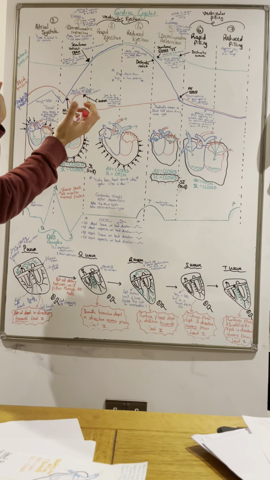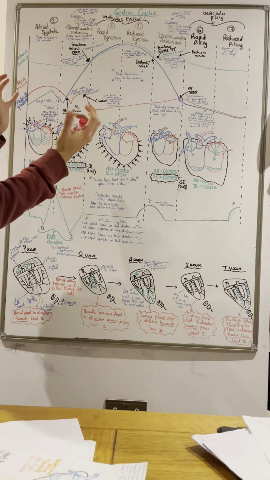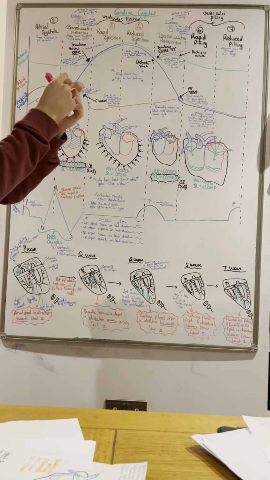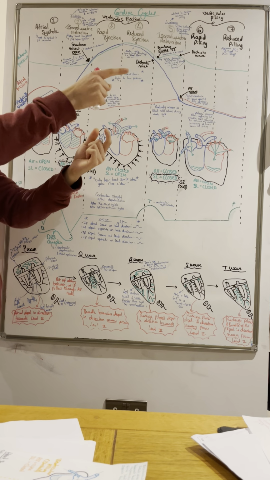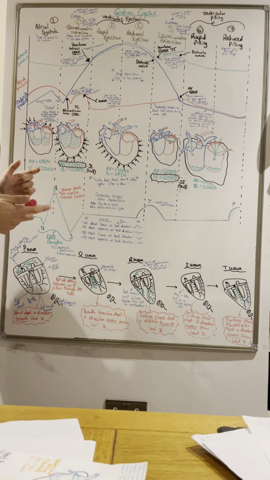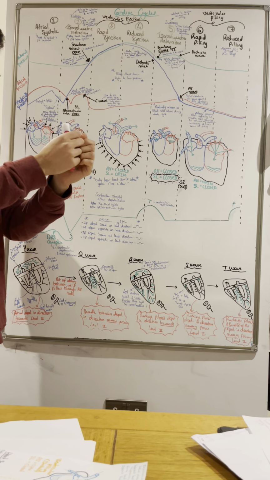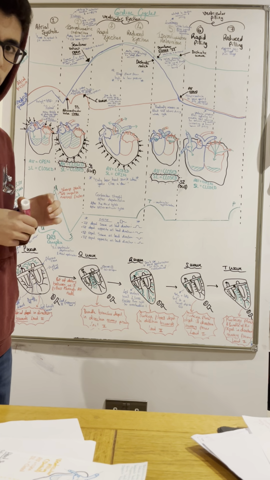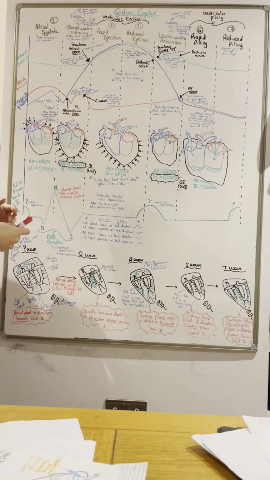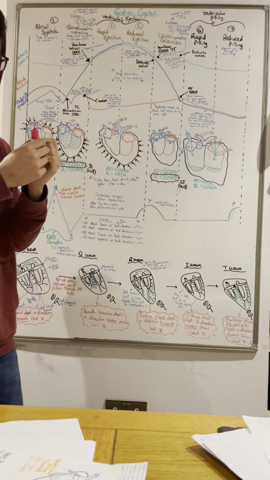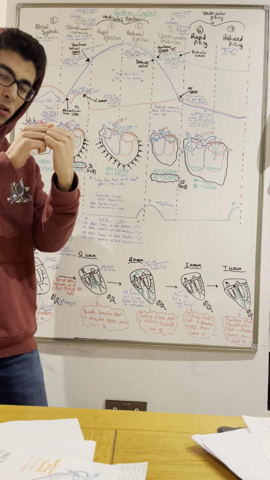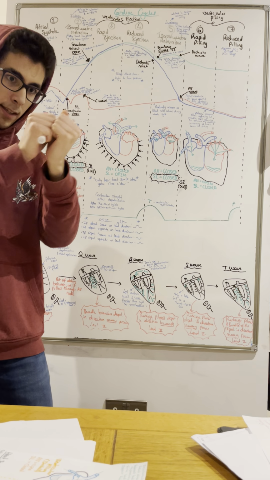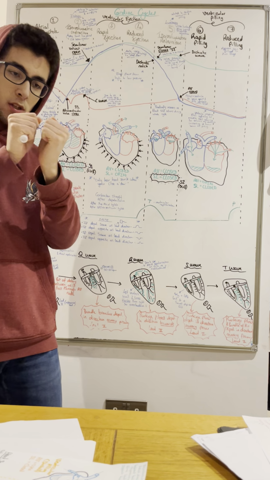The more preload it has, the more recoil it'll have, like an elastic band. The more you stretch it, the faster it's going to go. Obviously, obeying Hooke's law, to a certain degree it plateaus and becomes inelastic, which is not what you want. And thinking of muscle contractions, so your myosin, actin binding sites, cross bridges.